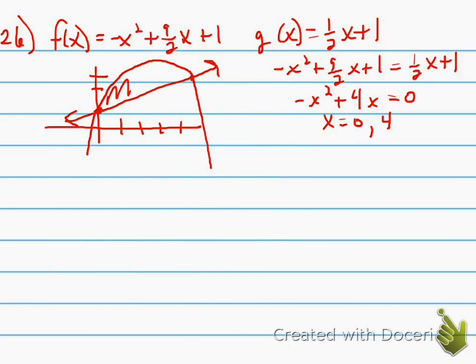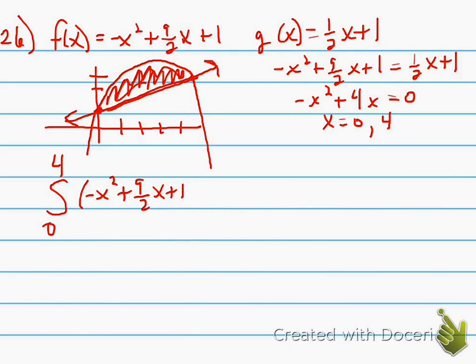And I realized that I was looking at a region like this, where the line was the bottom, the curve was the top. So I integrated from 0 to 4 of negative x squared plus 9/2 x plus 1, the top, minus the bottom, which is the line.